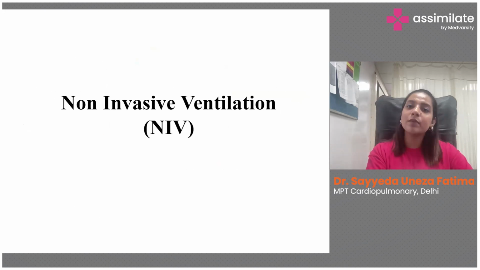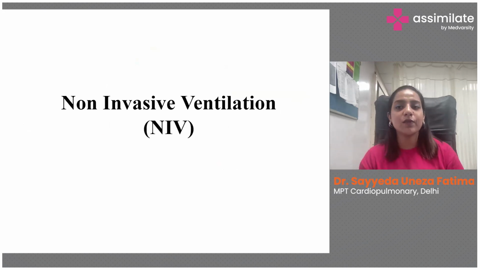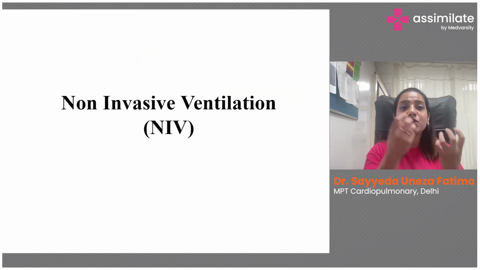Correction of the particular step will lead to correction of the hypoxia and hence reduction in the oxygen requirement of the patient. Second comes the anemic hypoxia, which happens because of reduction in the hemoglobin, or the red blood cells are reduced. Because of that, the oxygen which is available in the lungs is not able to bind to the blood cells and hence is not able to reach the rest of the body.